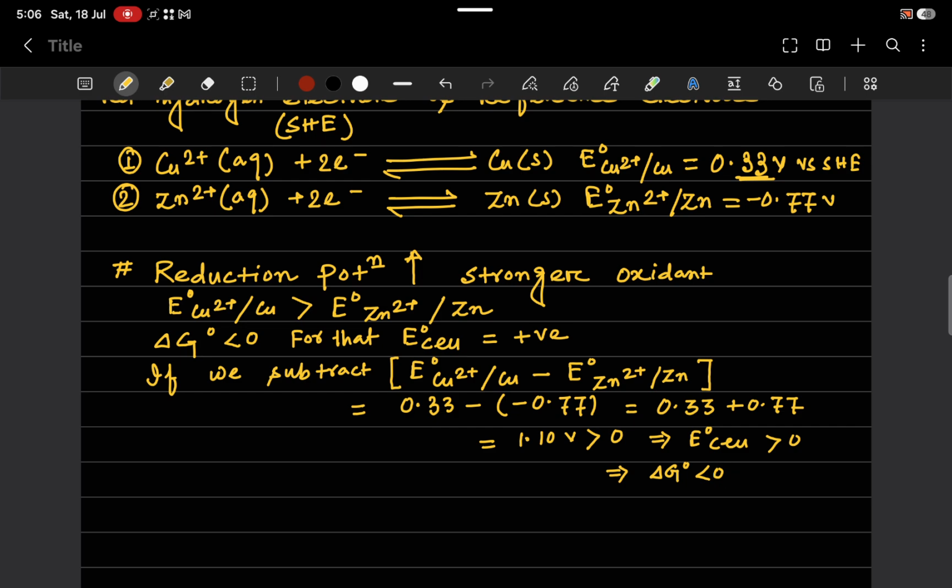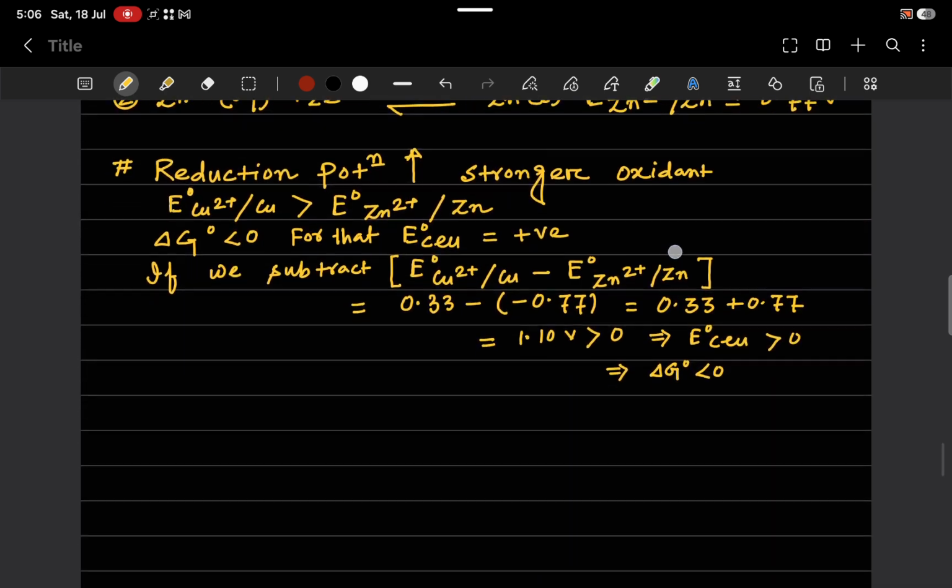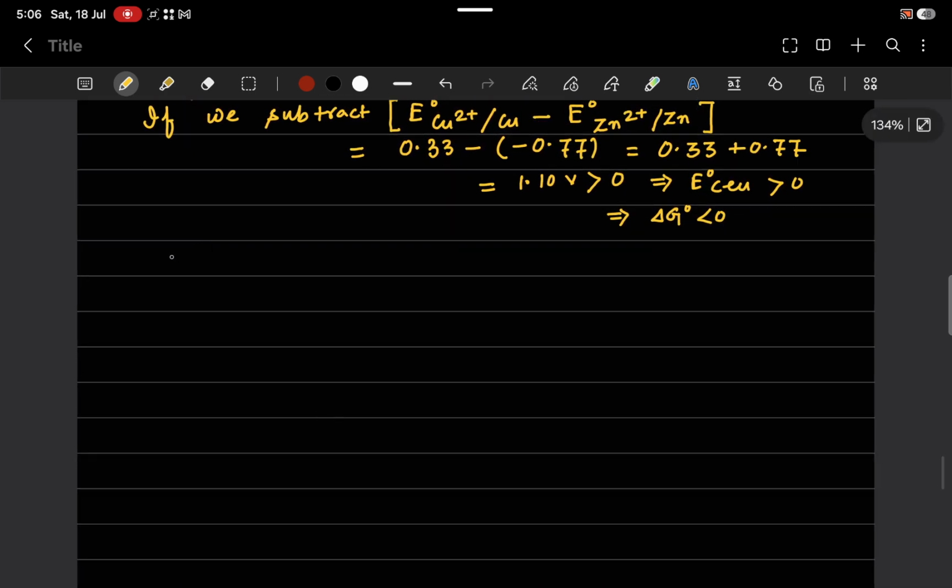That means we have written this reaction, zinc solid plus copper 2 plus aqueous, will be converted to zinc 2 plus aqueous plus copper solid.